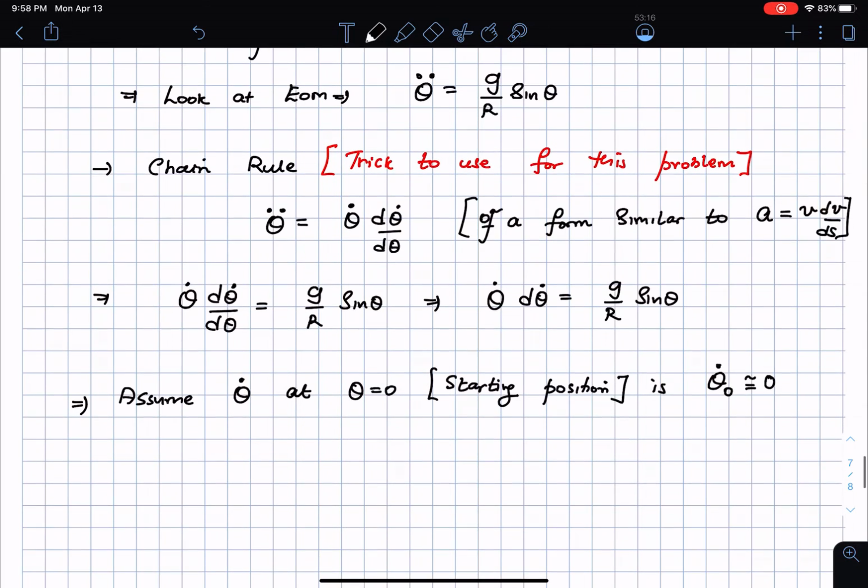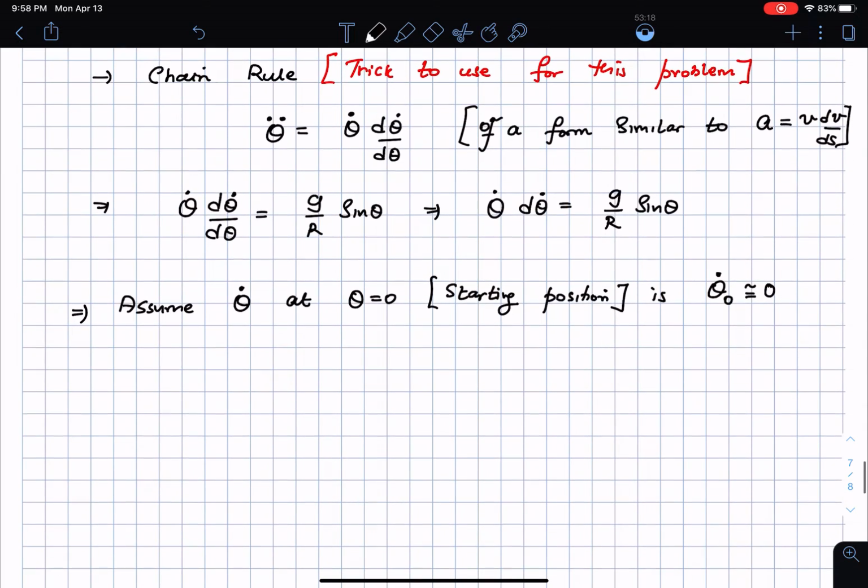I'm sorry, I missed out on a term here, so this is sine theta d theta.